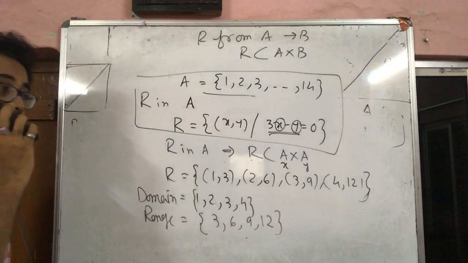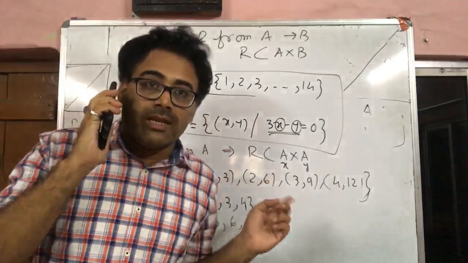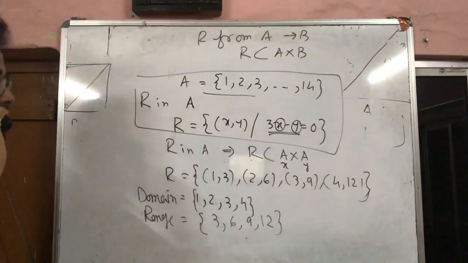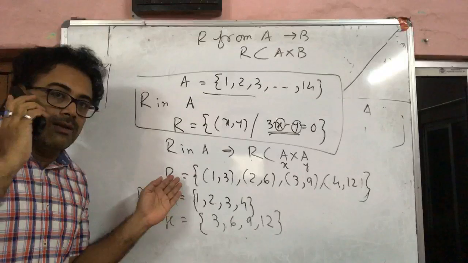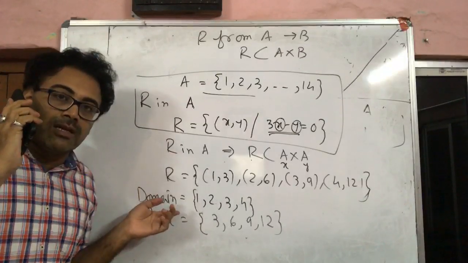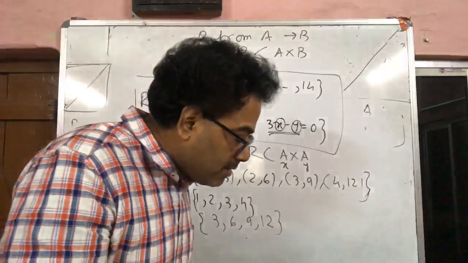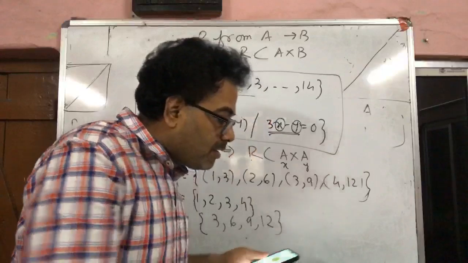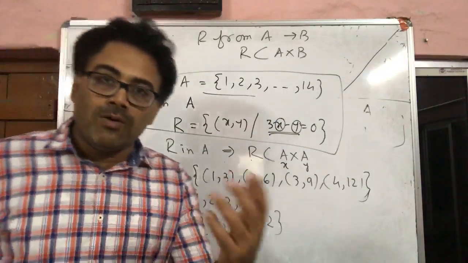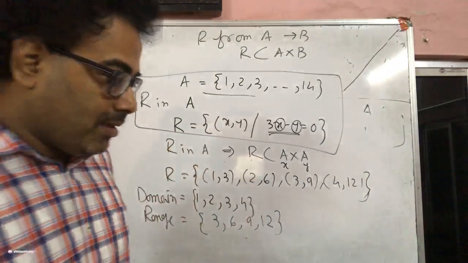No, here you are saying the domain of A cross A, but here there is R. Look at R, just watch, I am finding the domain of R. Clear, okay. Range is a set of all images, meaning the set of all y's, and domain means set of all x.